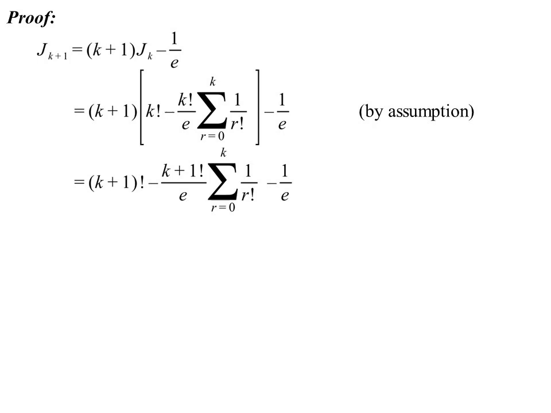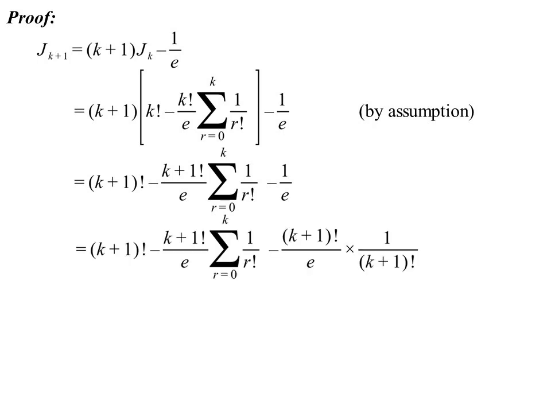Well, getting close. This 1 on e, remember, look, the k plus 1 factorial is fine. It now sits by itself. I know I want that. Everything else I want to pull into one sum. So I'm going to need this term here to have the same coefficient of k plus 1 factorial on e. So I force it and say, well, that's the coefficient. But how does it change this fraction? Well, I must have multiplied by 1 on k plus 1 factorial. Now it still becomes 1 on e.